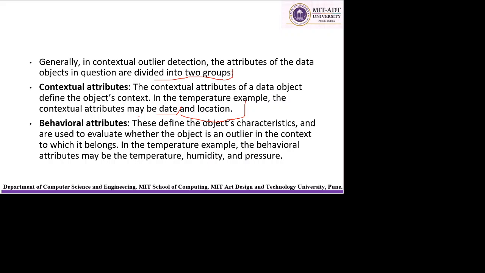So these are the contextual attributes. Now behavioral attributes are the object's characteristics, and they can be used to identify whether the object is an outlier in the given context or not. For example, the behavioral attributes may be the temperature, humidity or pressure.